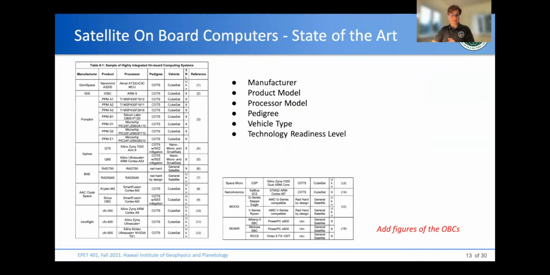Here are some of the state-of-the-art computers that exist today for CubeSats, but also small satellites. I'll just mention a few and walk you through these tables. So here's the manufacturer column. You have the product model, so if you go to their website, you can actually find these models in there.